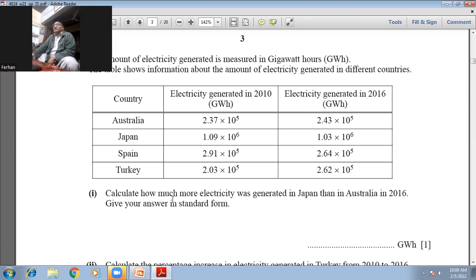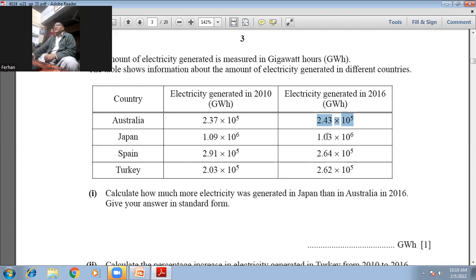So how much more means the difference. Electricity was generated in Japan than in Australia. Look at Japan in 2016, it is producing 1.03 x 10^6, and Australia was producing 2.43 x 10^5. So we will subtract these two numbers from each other.